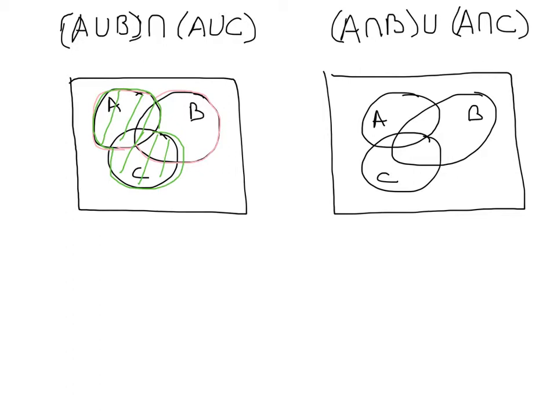A union B was everything in here. Okay? So we want to see where those things overlap.